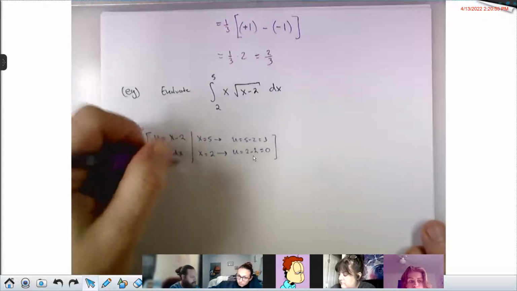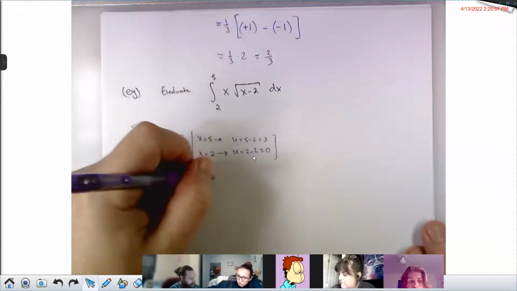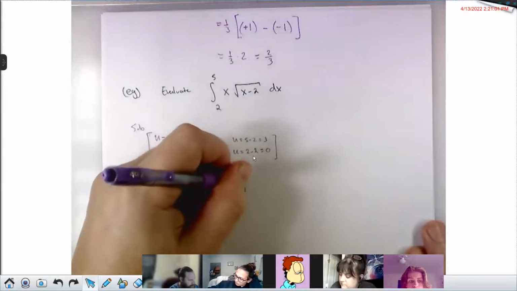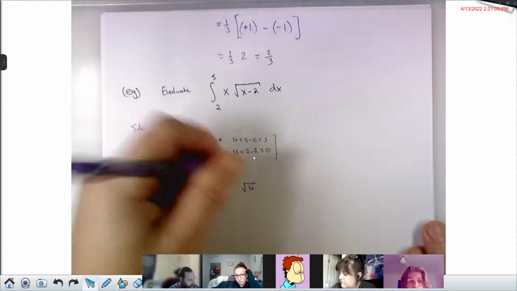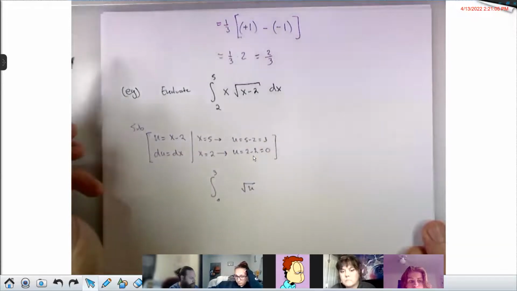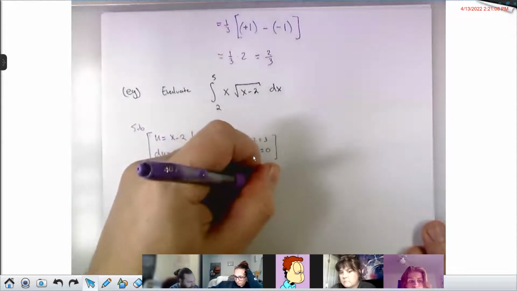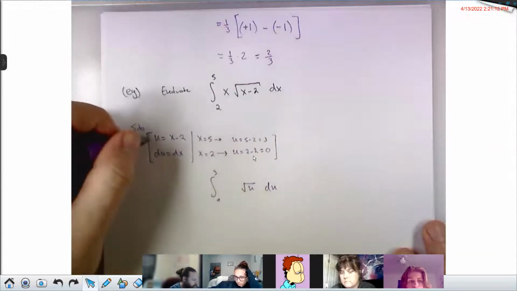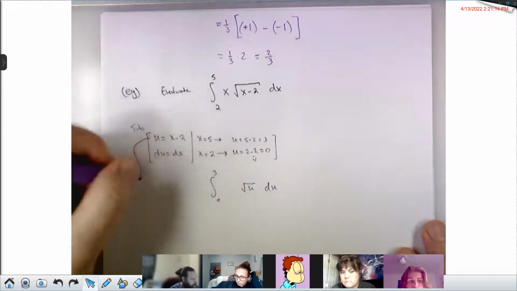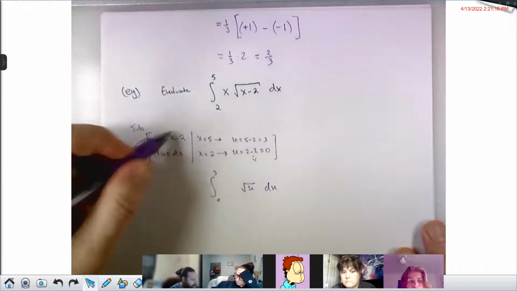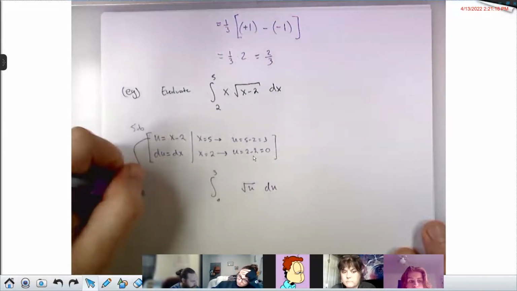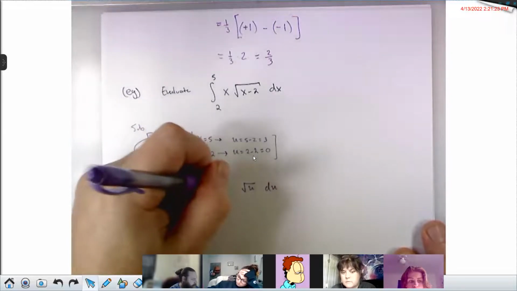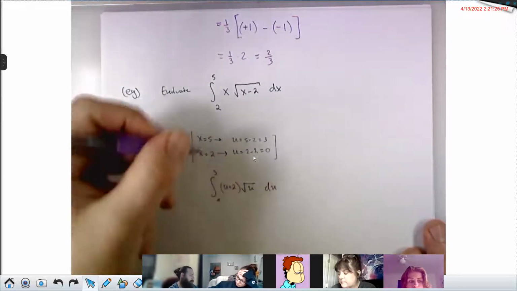So this will be the same as the integral from 0 to 3. We'll have a square root of u from the radical. dx and du are equal to one another. And remember, the trick to deal with that leftover x was to add 2 to both sides, to go back to your substitution and solve it for x. So that means u plus 2 is equal to x. So it goes in here as u plus 2.